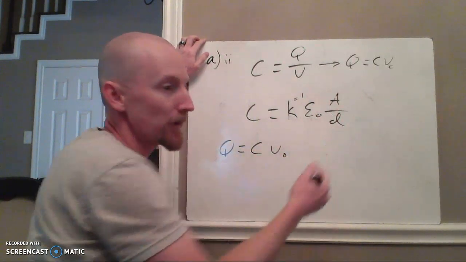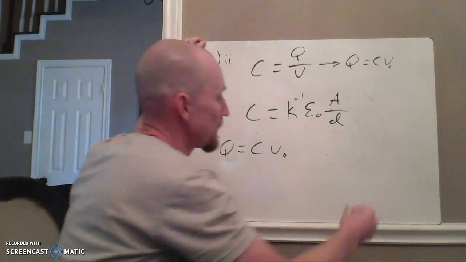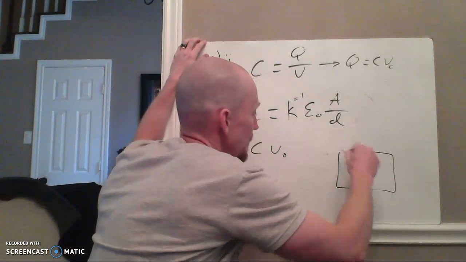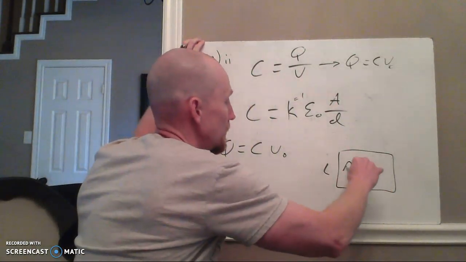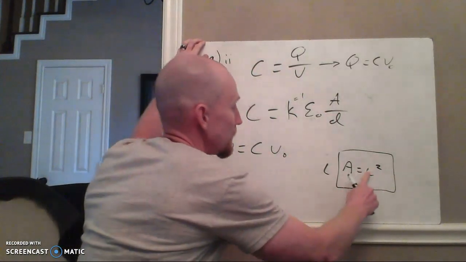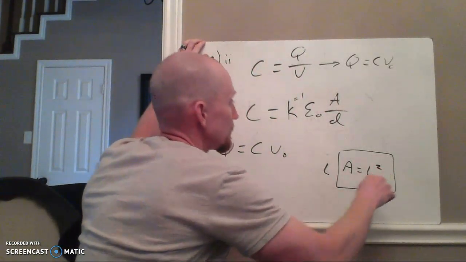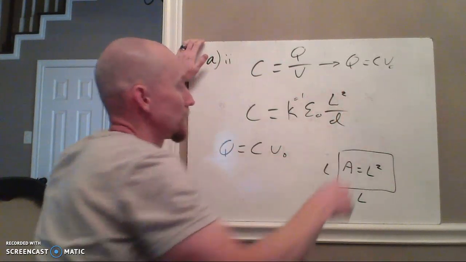Each plate is a rectangle with sides of L. So the area is L squared.